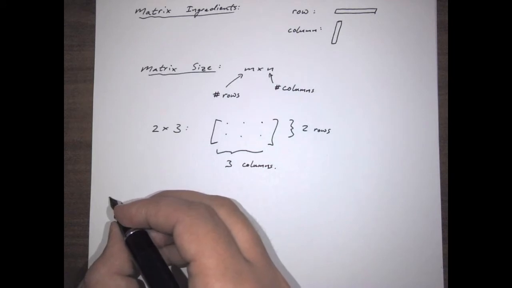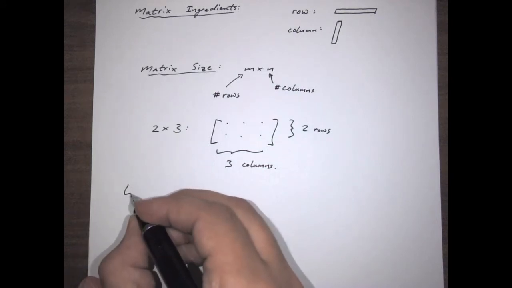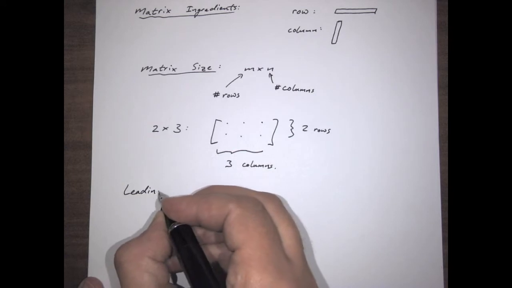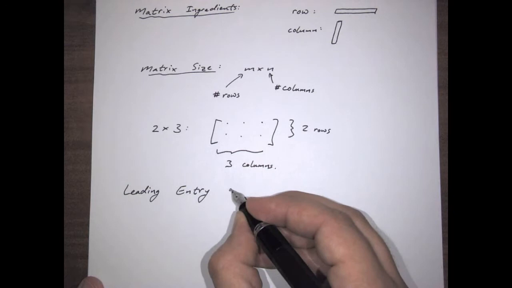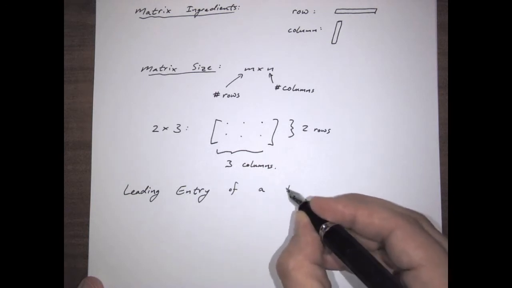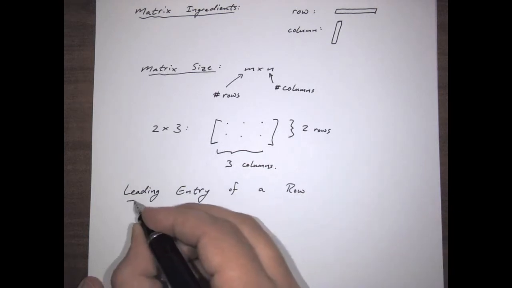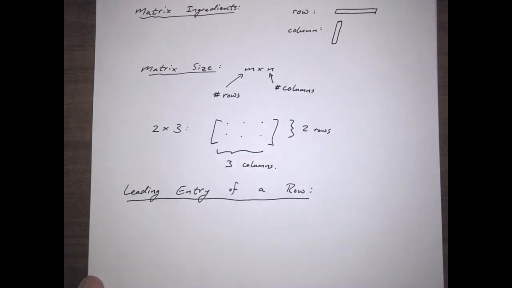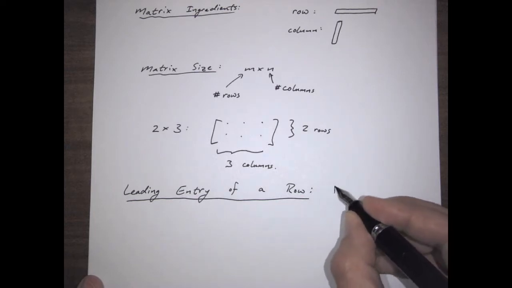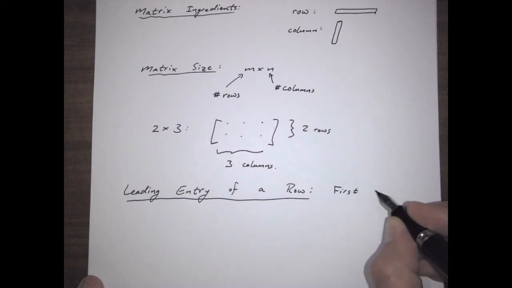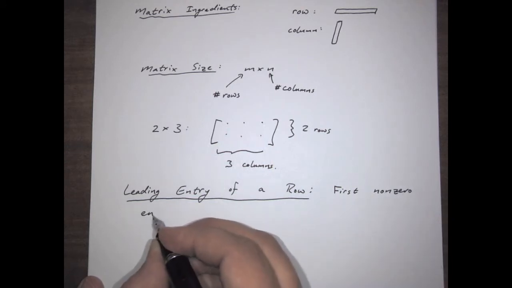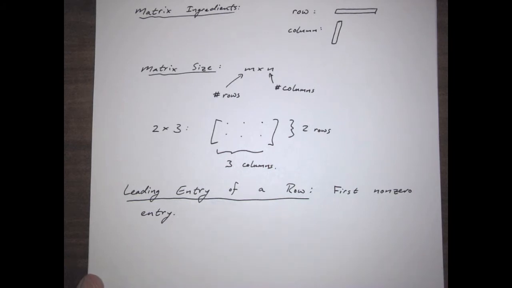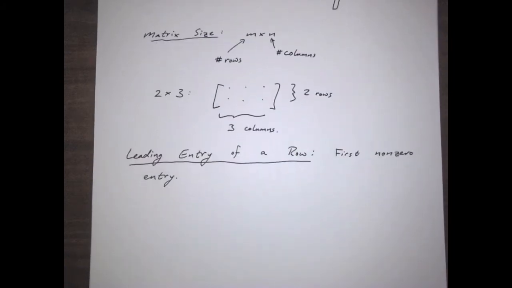Now, what we will call a leading entry of a row refers to the first non-zero entry. If the row is all zeros, then you'd say it doesn't have a leading entry.